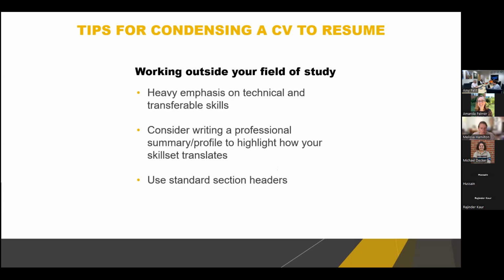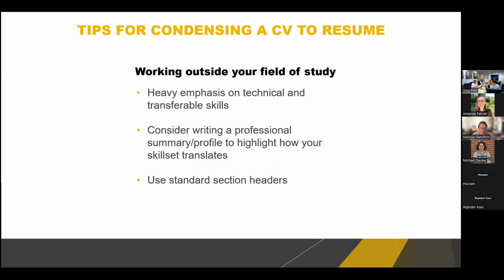If you're working outside of your field of study, or you're trying to go into something outside of your field of study, just place a heavy emphasis on those transferable skills. So you will highlight the things that are related to what you want to go into, and make sure you're using those standard section headers.